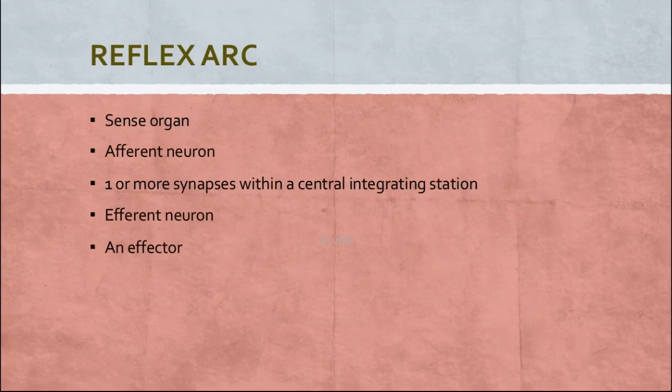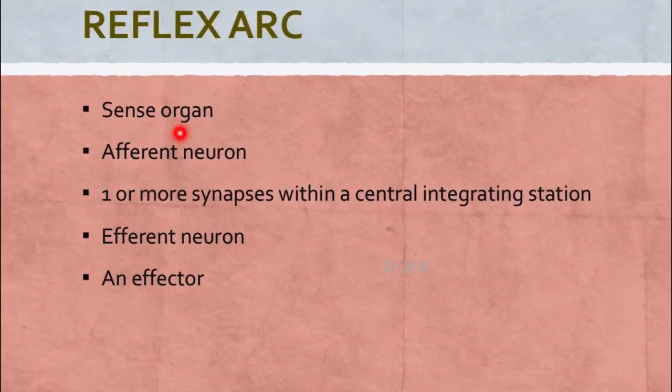If we look at the reflex arc, it consists of a sense organ, which happens to be the muscle spindle. Then there will be an afferent neuron which will carry that sensation, right. Then it will form the synapse, which can be one synapse, called monosynaptic, or many synapses, polysynaptic, within the central integrating station.